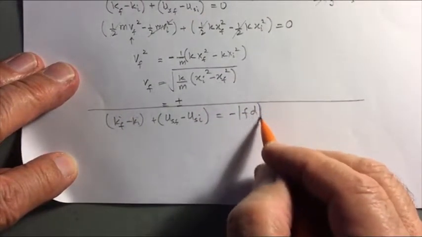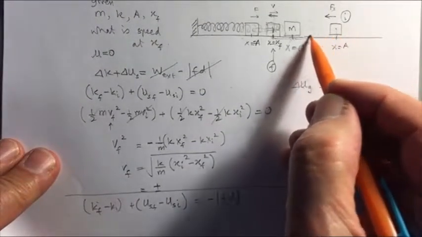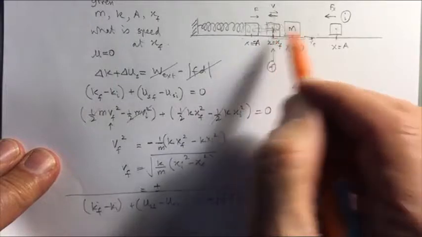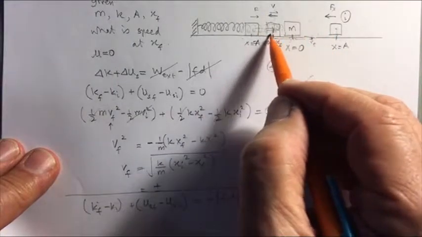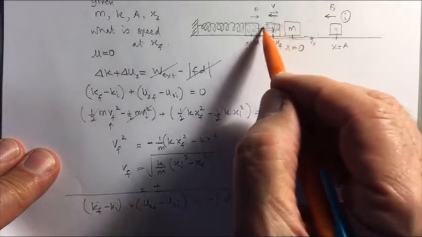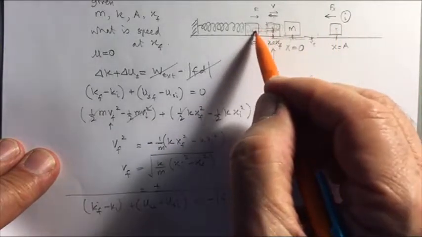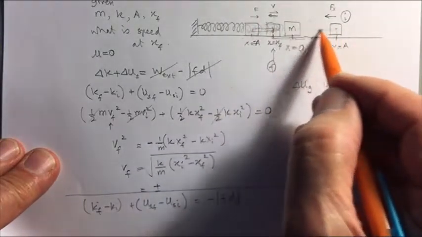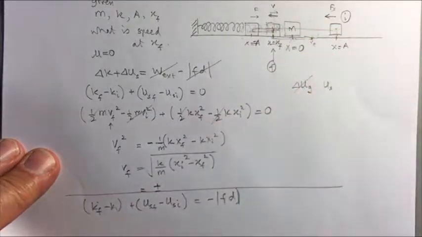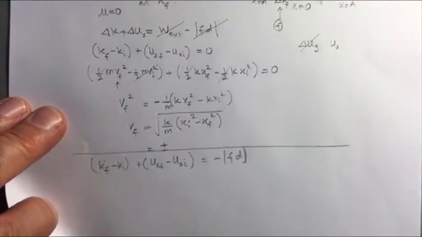And this d is the distance that it travels from A to here. And when it's going backwards, the d would be from here all the way to here plus this distance, because friction is non-conservative, and so all the distances would add up.